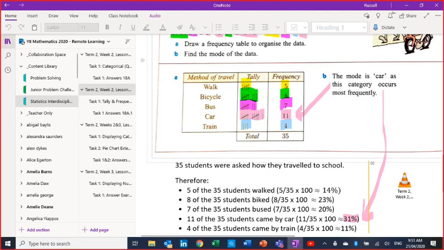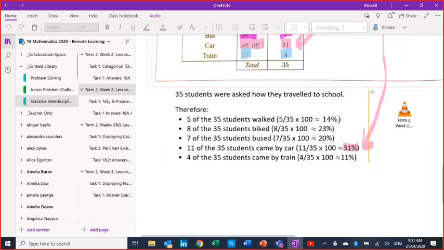Then there's really no mode, right? There's no number that occurs more frequently than any other number. Or you could say that they're all the mode because 3 occurred most frequently. So we typically say no mode, or you could also say that they're all the mode if they all occur the same amount of time.